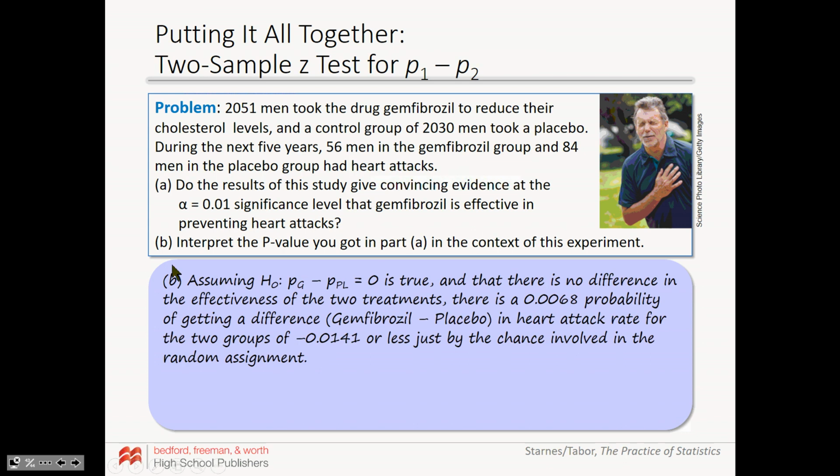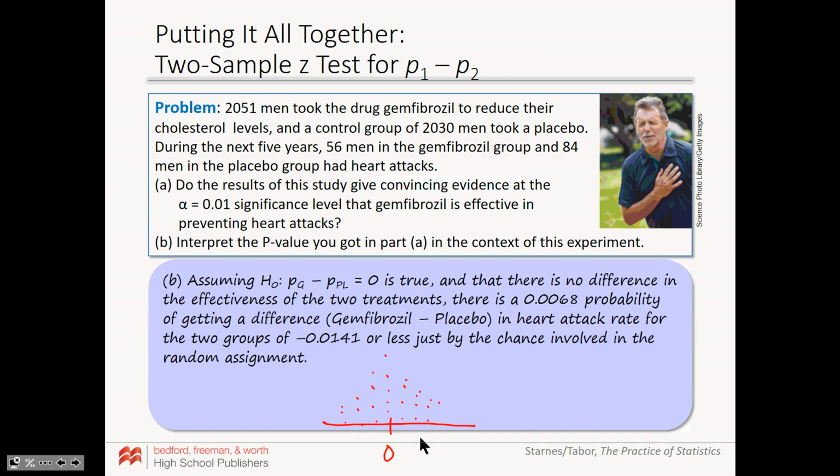Now we're going to interpret our p-value. Remember, our p-value was 0.0068. You're assuming that there is no difference in the population proportions. Going back to the sampling distribution we've been looking at, it would be centered at 0 if we were to calculate all of the possible values for the difference in the two p-hats.